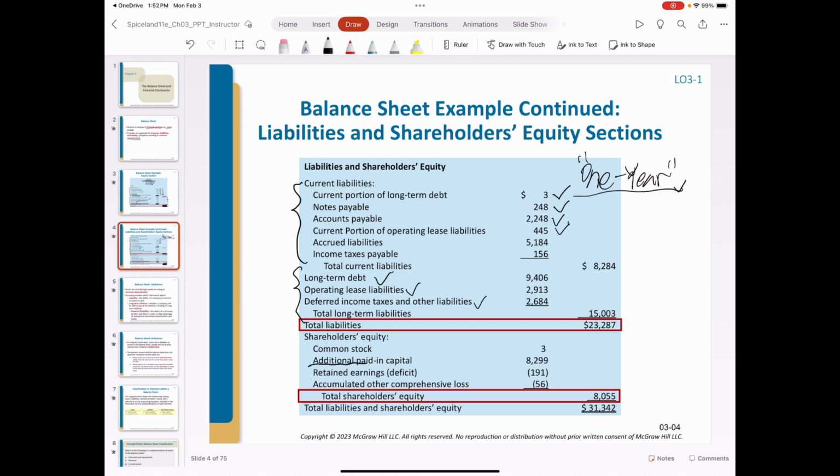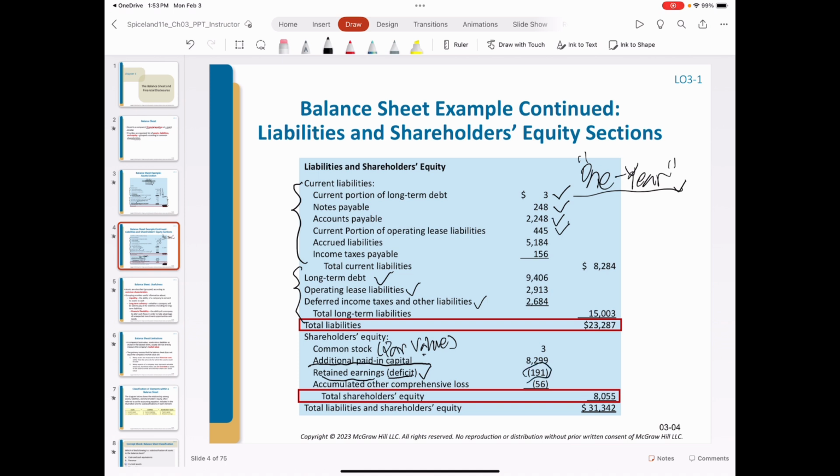Stockholders' equity includes contributed capital. Common stock represents the par value of the stock. Additional paid-in capital is the difference between total contributed capital and par value. Retained earnings are earned capital. If this account is negative, it is reported as a deficit; if positive, we report it as retained earnings.